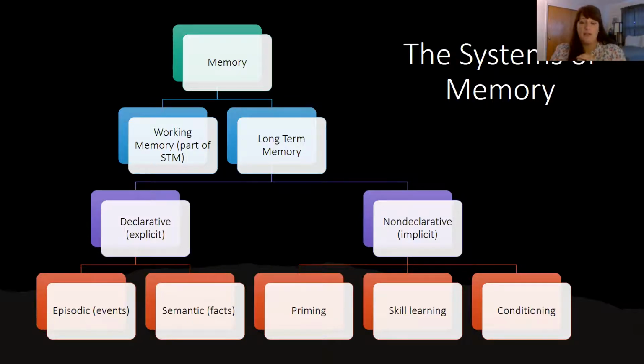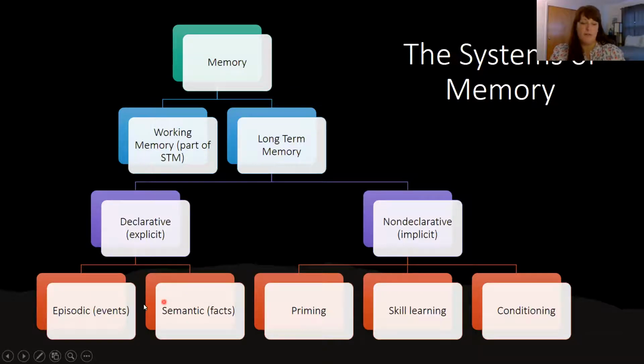And this is just a depiction of what we're going to talk about going forward. So working memory is one part. Then long-term memory has two different sub-branches, two different subdivisions we call them: declarative and non-declarative. And then declarative memory has two different types of memory in it as well, episodic and semantic.